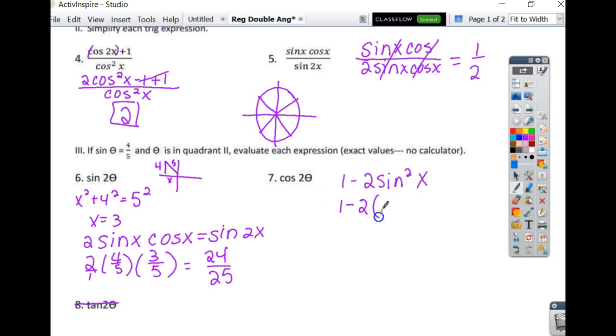So I get 1 minus 2 times 4 over 5 squared. So this is 1 minus 2 times 16 over 25.